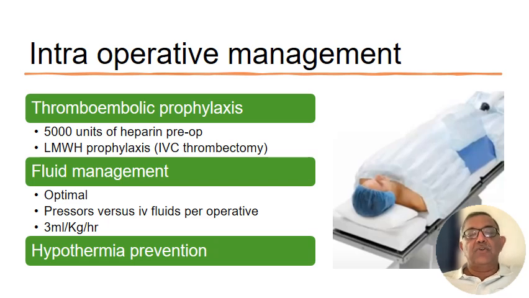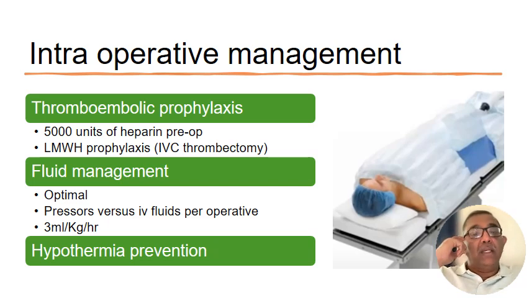I generally stop it as soon as the patient becomes mobilized. Next day after complete mobilization, stop the heparin or LMWH. But for patients who have undergone major IVC thrombectomy, up to 4 weeks of chemical prophylaxis is indicated.